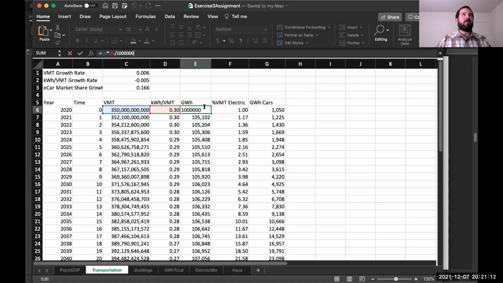And then we're going to divide by 1,000,000 because we need to go from kilowatt to megawatt to gigawatt. Okay, so 1,000,000 kilowatts go into a gigawatt, 1,000 kilowatts go into a megawatt, 1,000 megawatts go into a gigawatt. So kilo, mega, giga, all right? And then finally tera, we get to terawatt.